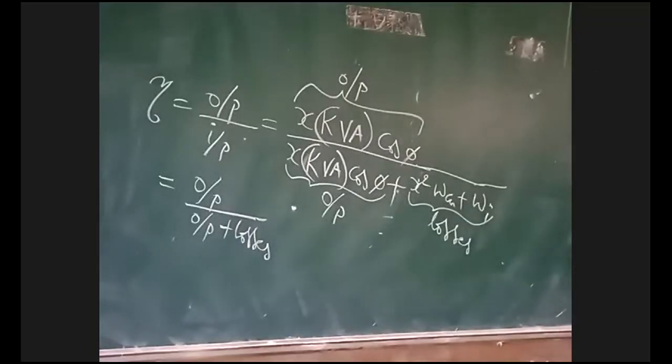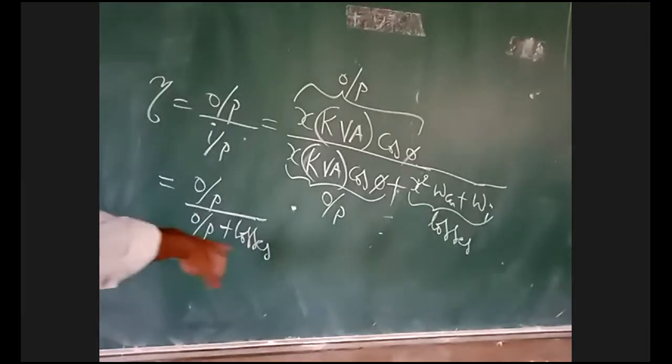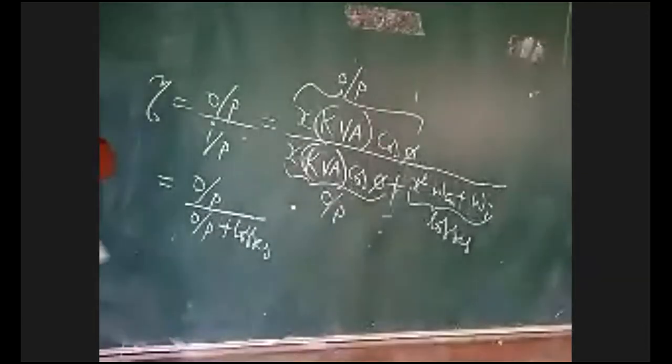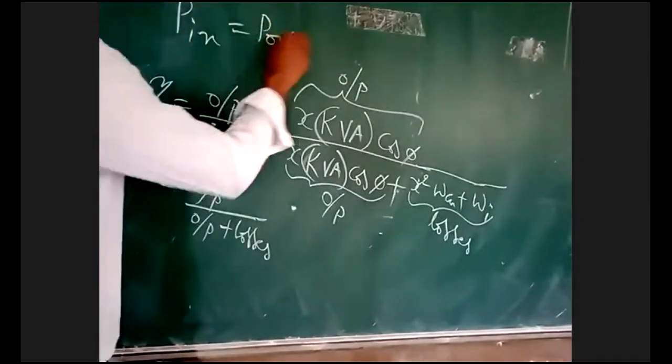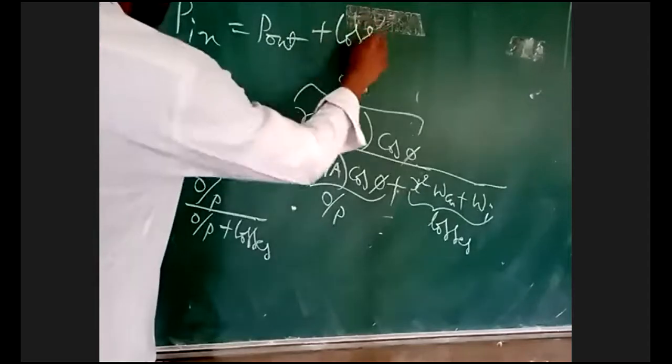See here, efficiency is equal to output by input. But what is the input? Input is equal to output plus losses.